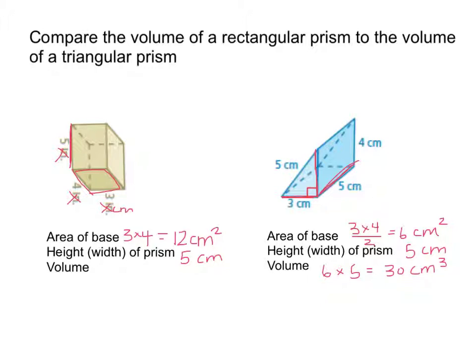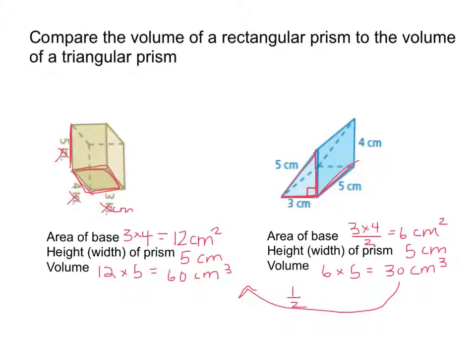And the volume of the rectangular prism would be 12 times 5, which is going to give us 60 centimeters cubed. And you will notice that the volume of the triangular prism is exactly half of the volume of the rectangular prism, which makes sense because the area of a triangle is exactly half of the area of the rectangle.